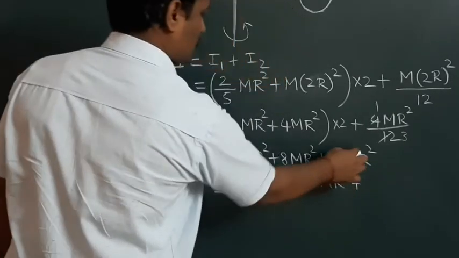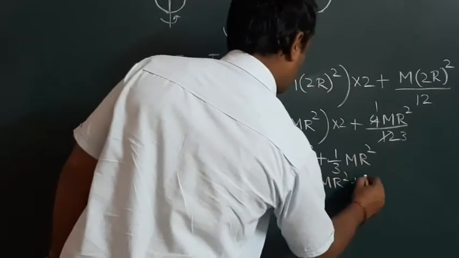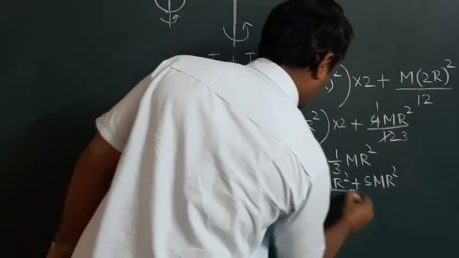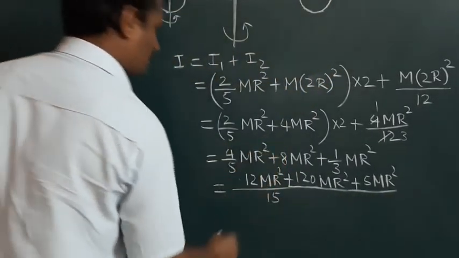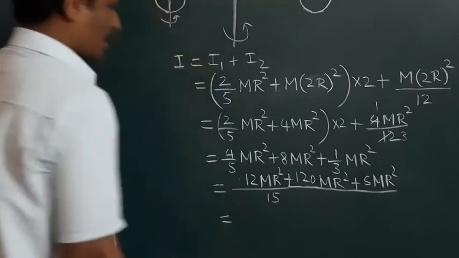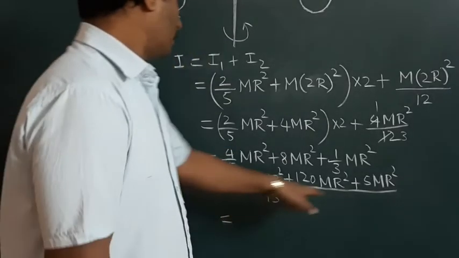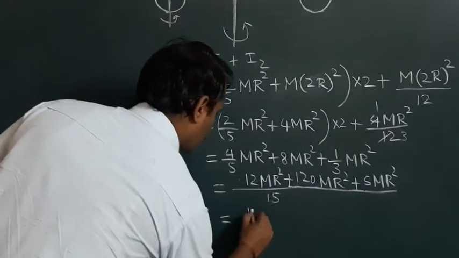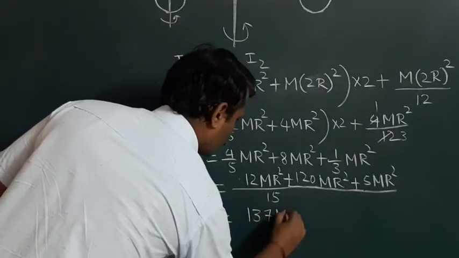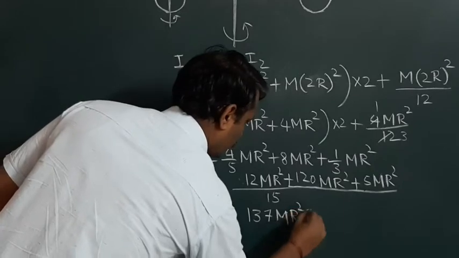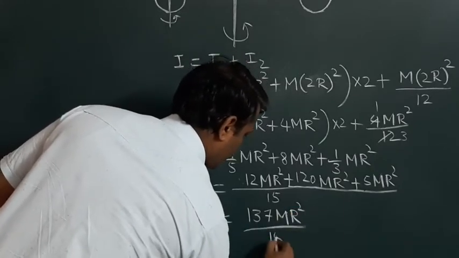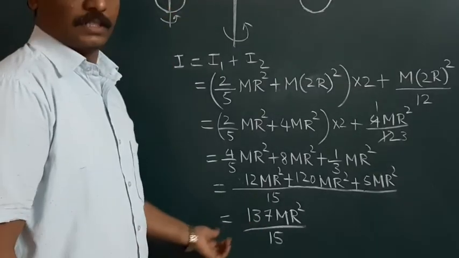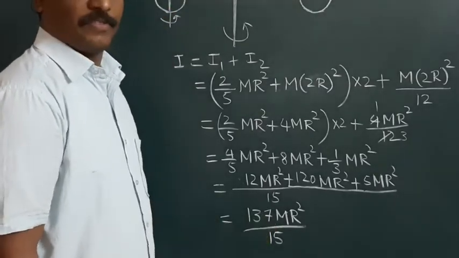Plus this has to be multiplied with 5, then 5 mr square, divided by 15. Now simplify this: 12, 120, 5, that is 137 mr square divided by 15. So this is the moment of inertia of the whole system. This is the answer: 137 mr square by 15.